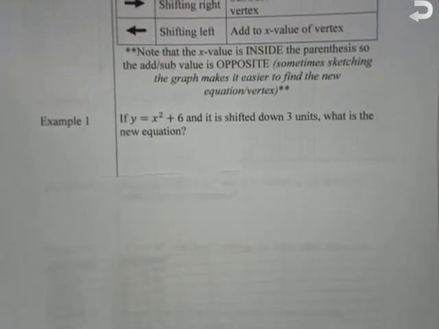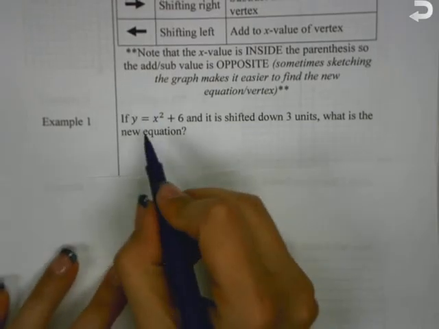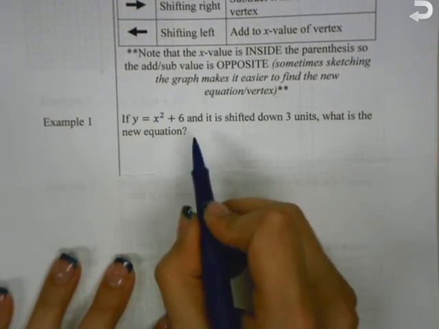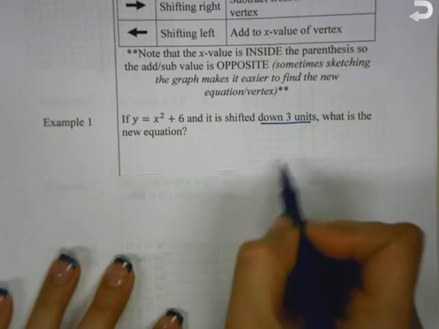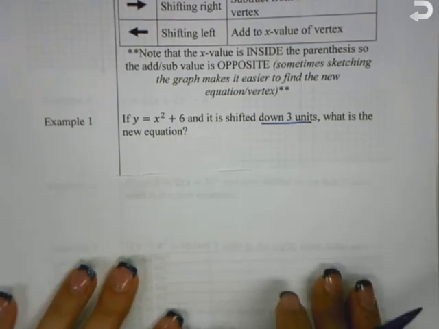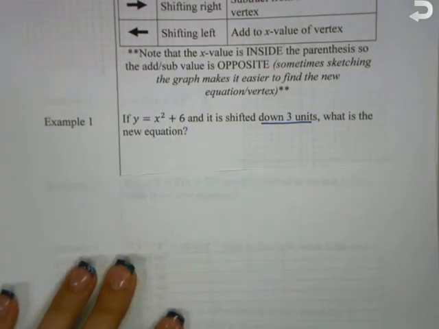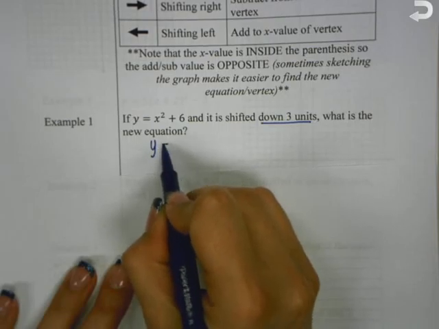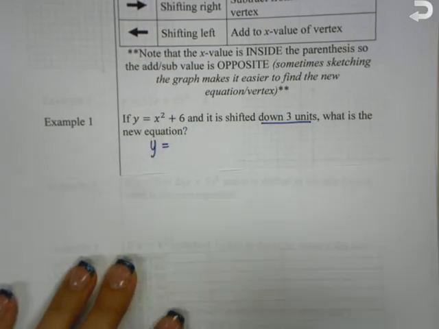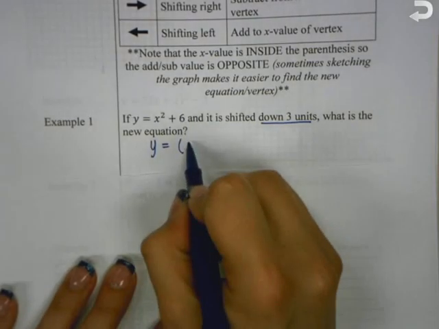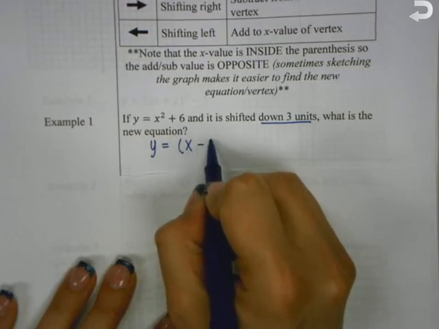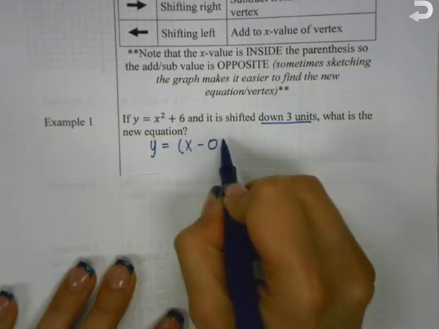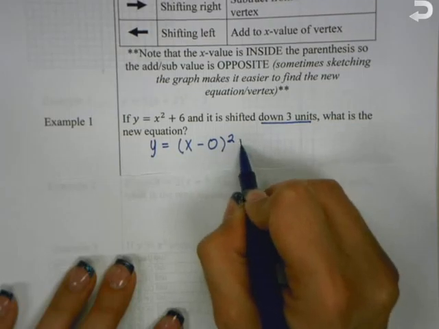Example 1. If y equals x squared plus 6, and it is shifted down 3 units, what is the new equation? Well, the first thing we want to do is get this all written so that it's in vertex form, right? So let's rewrite it so it's in vertex form. How can we change that x squared so it looks like vertex? x minus, what did we do on the homework? 0 squared plus 6, right?